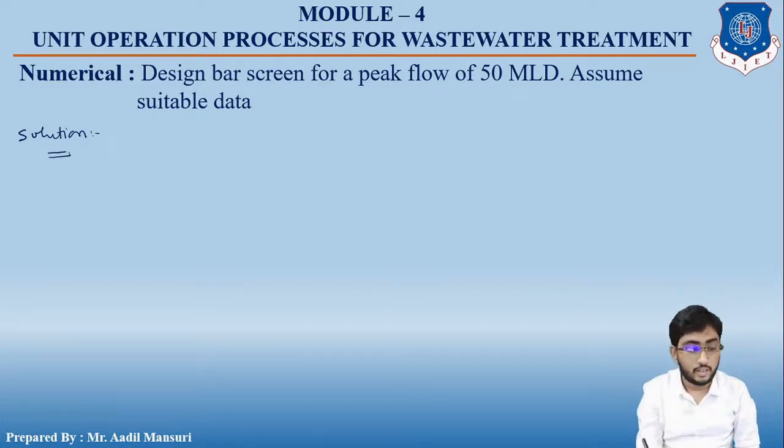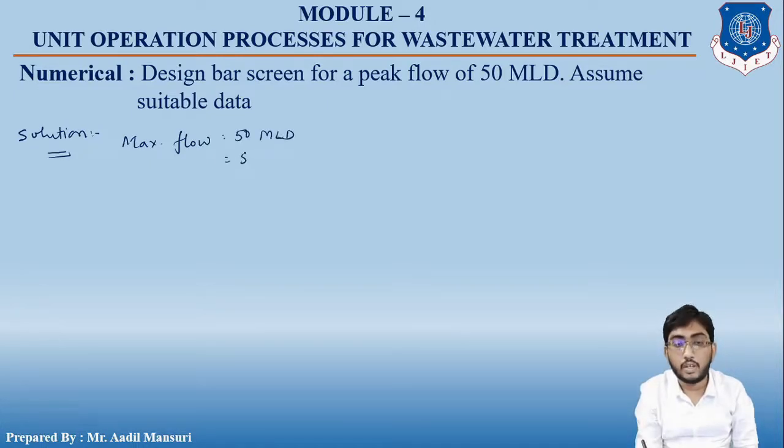So here they have given maximum rate of flow as 50 MLD. Let us first convert this million liters per day into meter cube per second.